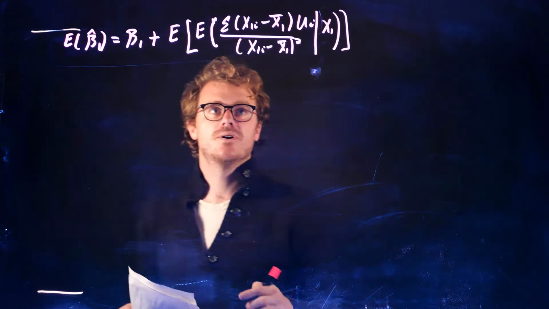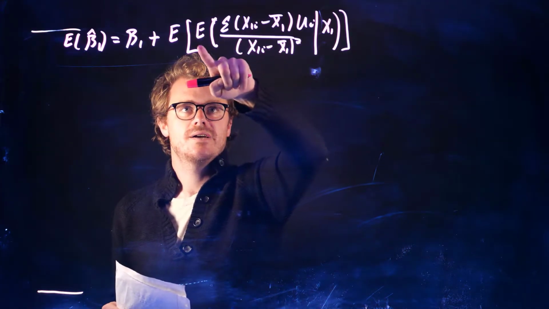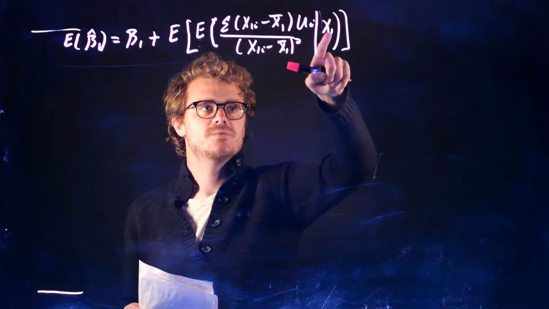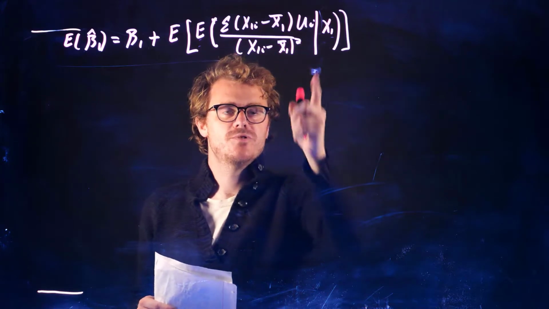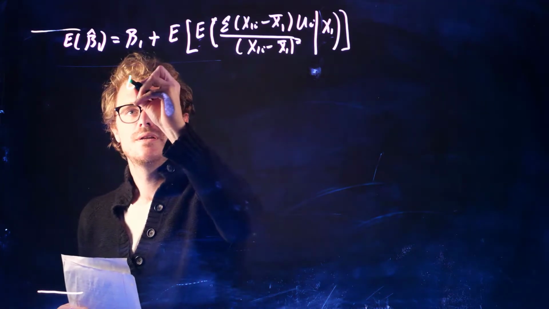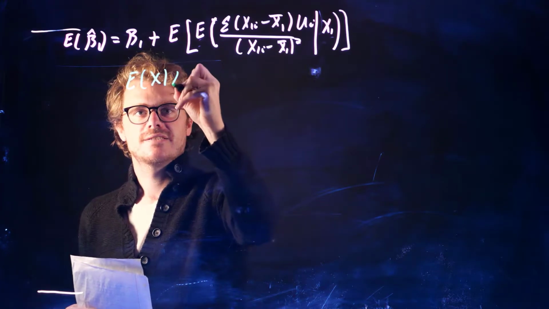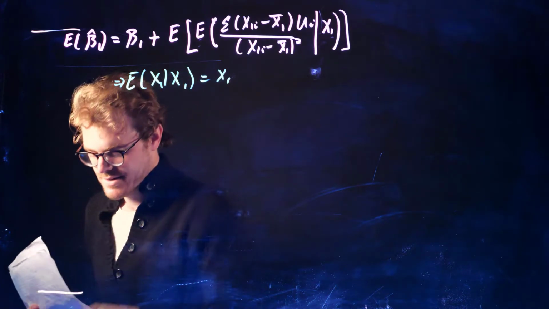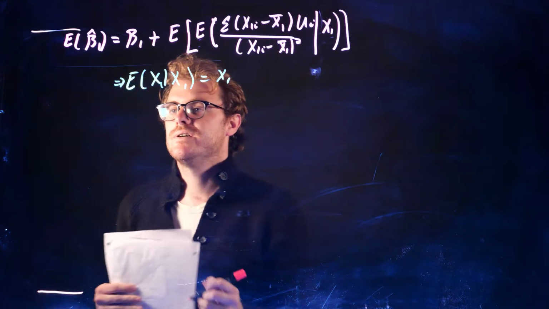Okay, and so now notice here we're taking the expectation of a bunch of x's with respect to x. So we can just move that expectation through, right? The expectation of x given x1 is just x1. So we're going to use that to clean this up just a little bit.